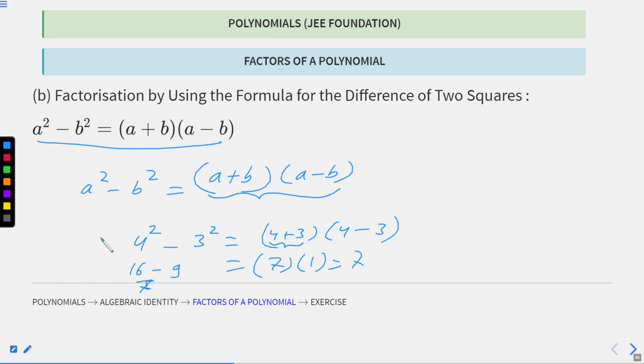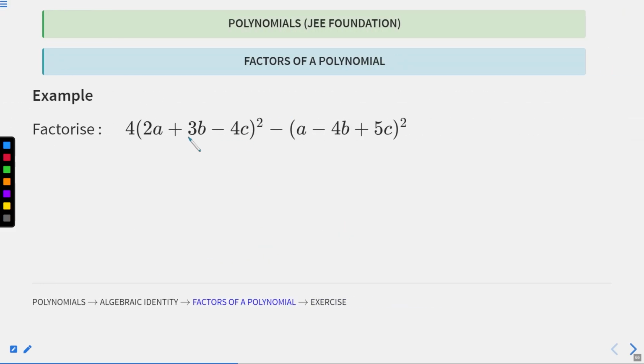Okay, as we saw from the example, let's see how we are going to use this specific identity. Over here, two terms are given, and in these two terms, 4 can be written as 2 square, and we know that if a square or b square is this, then I can rewrite it like this.